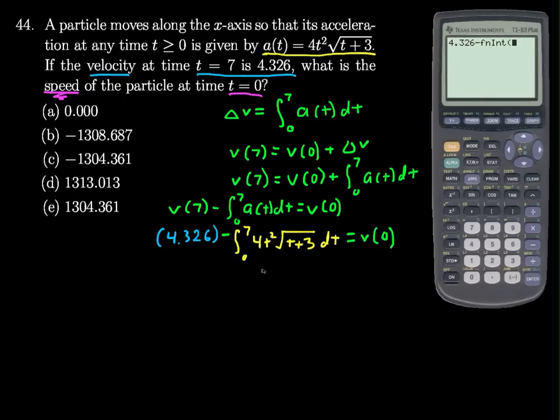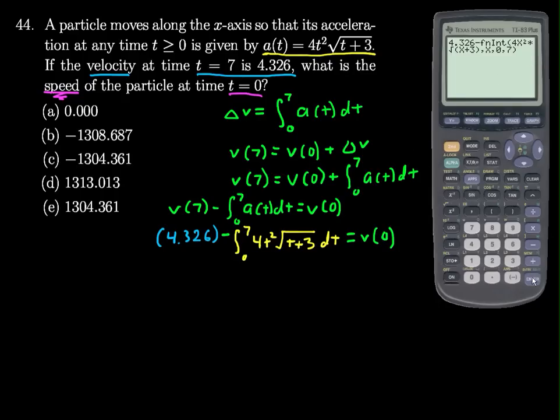My function is 4, and I'm going to put x's in because they're easier to type. 4x squared times the square root of x plus 3. Close that off. dt, so I'll put dx here as we go from 0 to 7. Close off the parentheses. Okay, 4x squared times the square root of x plus 3.